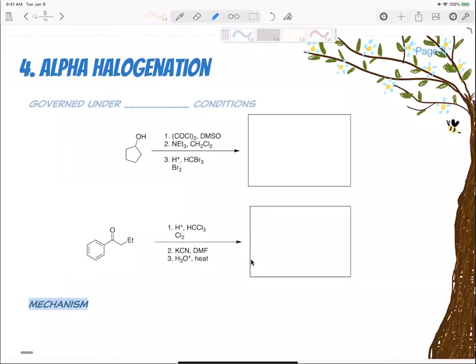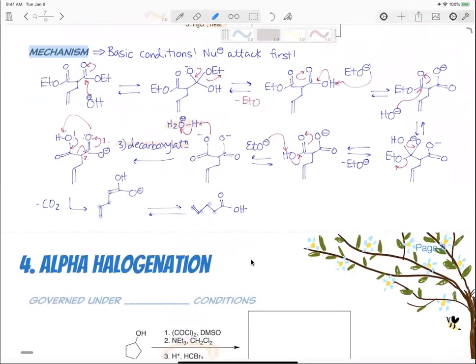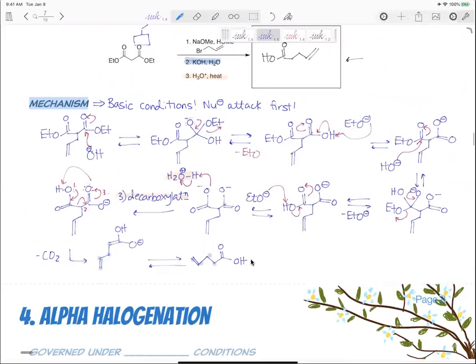All right, so let's move on to our next type of reaction. It's called alpha halogenation. And before I even fill in the blank, what kind of conditions? Oh, all right. Yes, Katie, go for it. Before forming CO2. Because don't forget you're dealing with a reversible base.